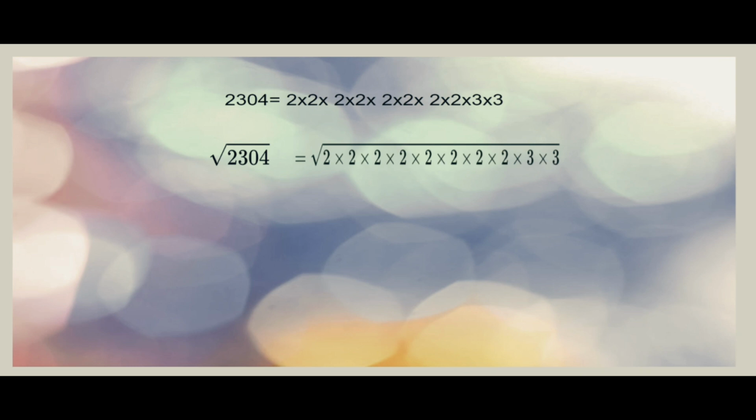Now, the prime factors of 2304 are 8 times 2 multiplied by 3 multiplied by 3. The square root of this number is equal to the square root of all the prime factors, making pairs of the same numbers and picking one from each pair.